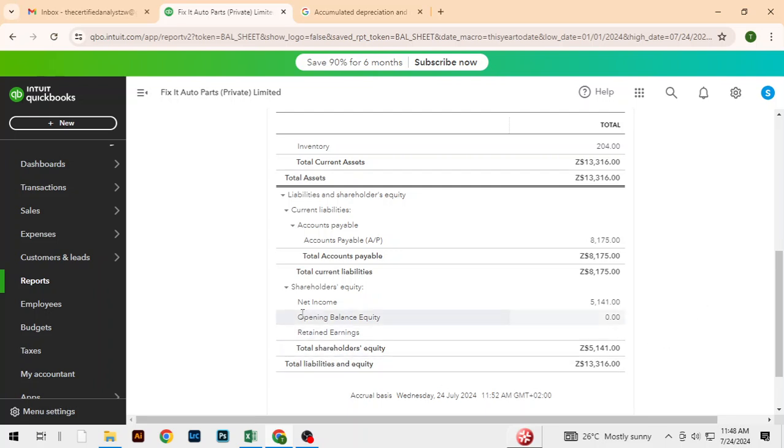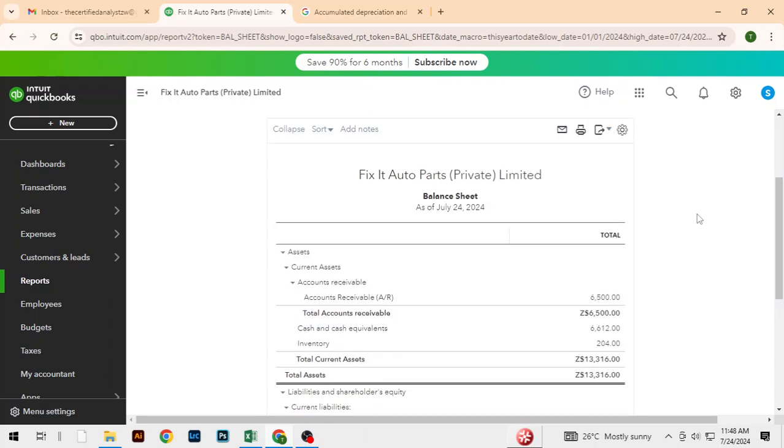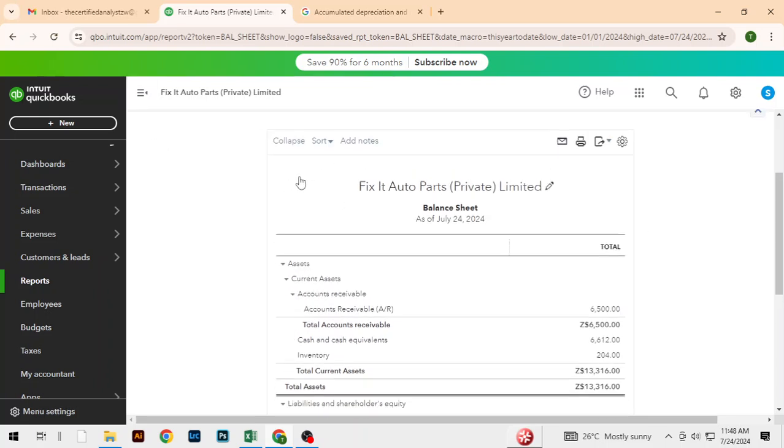Perfect. So net income. So under normal circumstances, this figure here must be contained in retained earnings, right? So basically our balance sheet is looking so good.